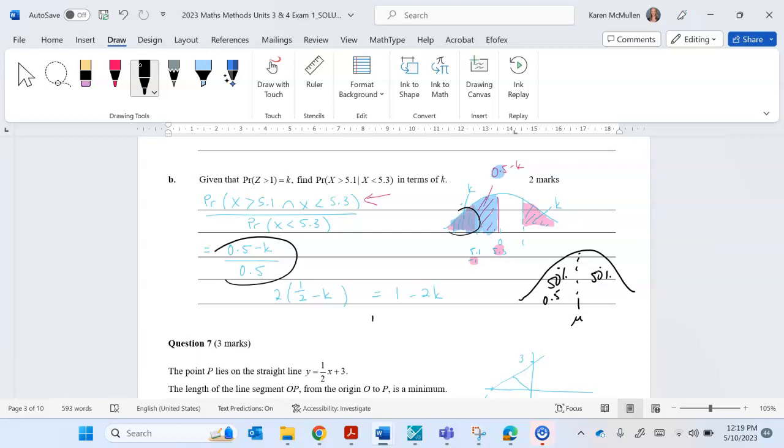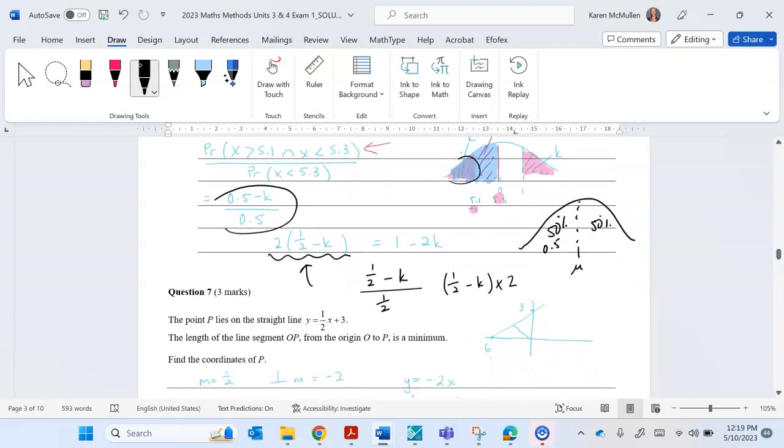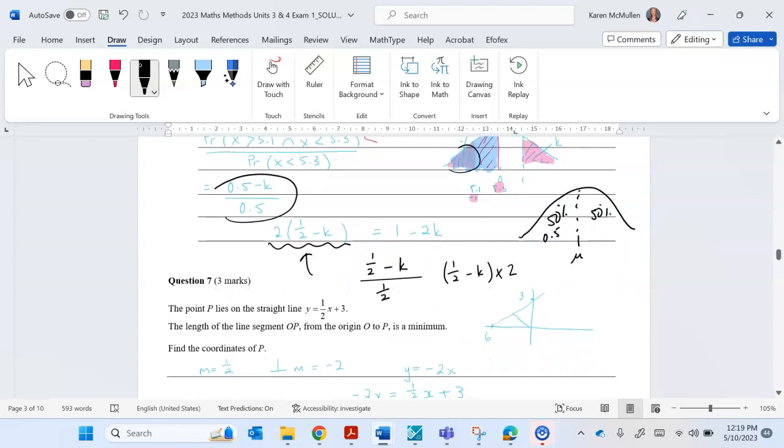So you can rewrite it as 1/2 minus k over 1/2. Dividing something by a half is the same as multiplying it by its reciprocal, so 2 on 1. That's what I've got here, and then I just expanded it. I would say they would also accept that as an answer, but probably not leaving your decimals in a fraction. It's not in its simplest form.